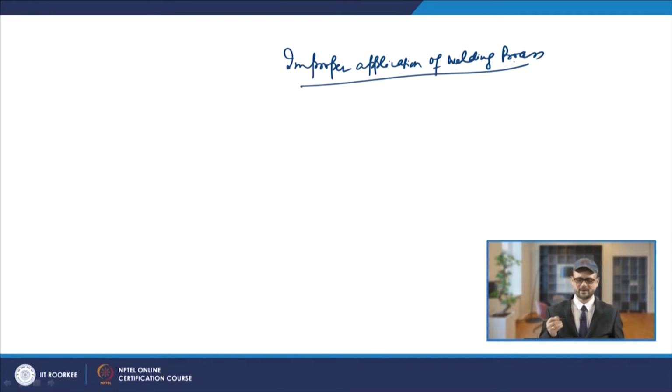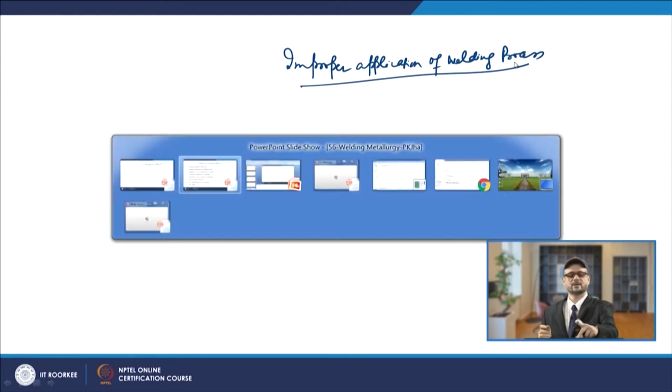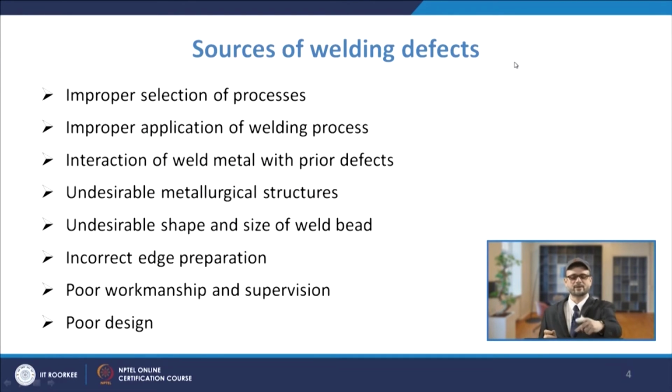Then the next point is the interaction of weld metal with prior defects. Many times the weld metal will be interacting with defects which are already there in the base metal. Like you have laminations, and you have impurities like phosphorus, sulfur, or silicate.